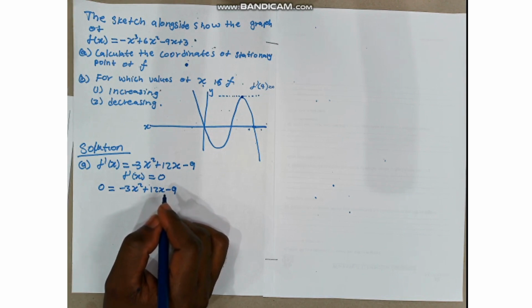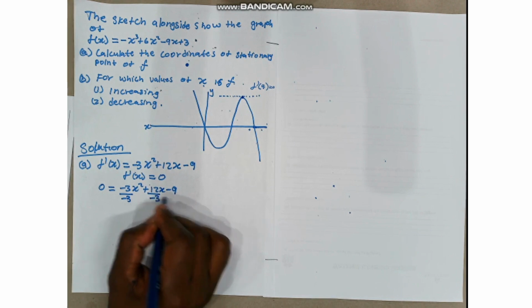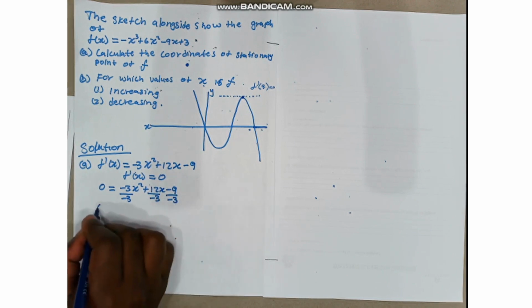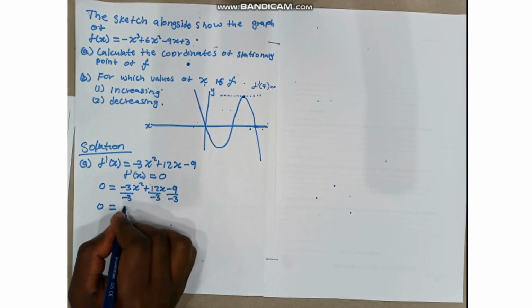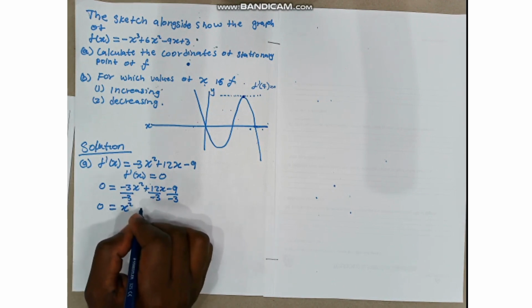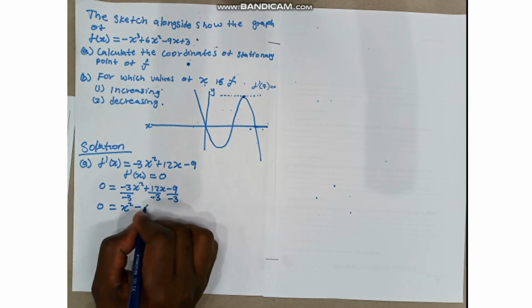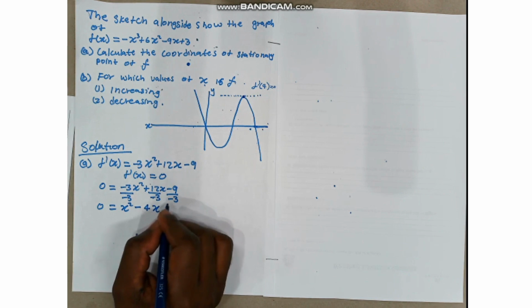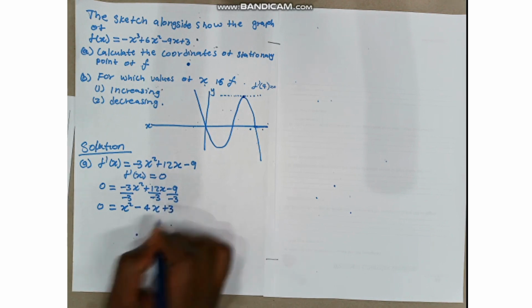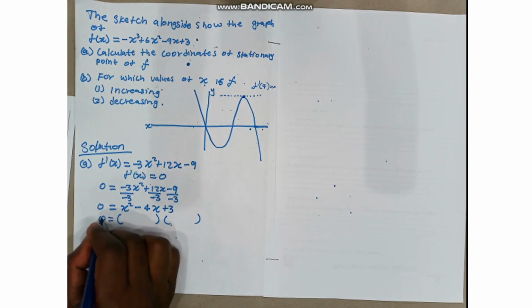Then we need to calculate our stationary point. We can divide by 3 here. Negative 3 divided by 3 gives negative, 12 divided by 3 gives 4x, and 9 divided by 3 gives 3, negative divided by negative is positive 3. Then factorize.